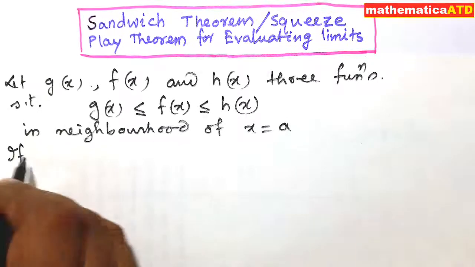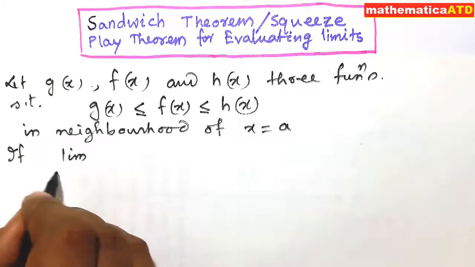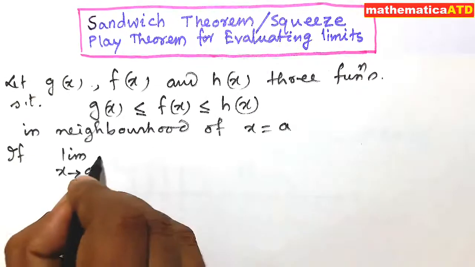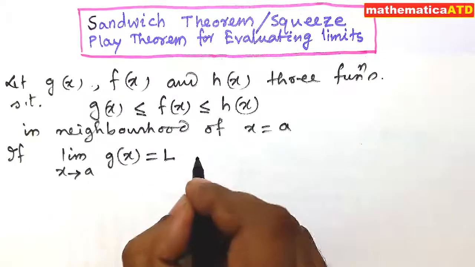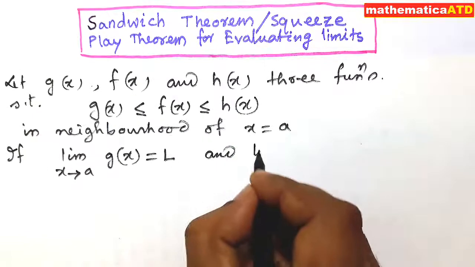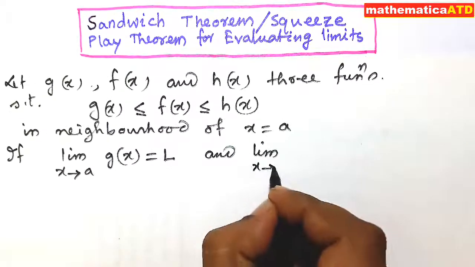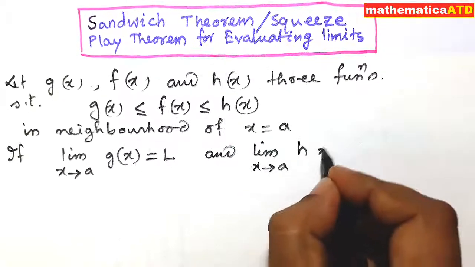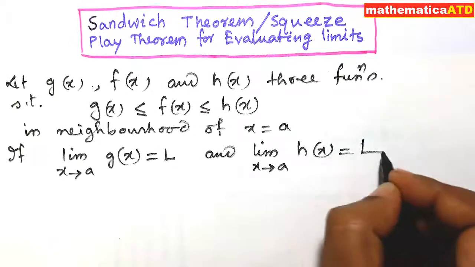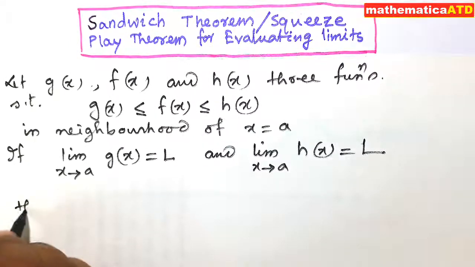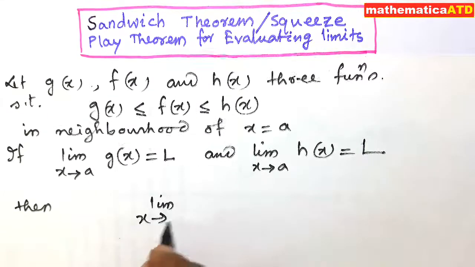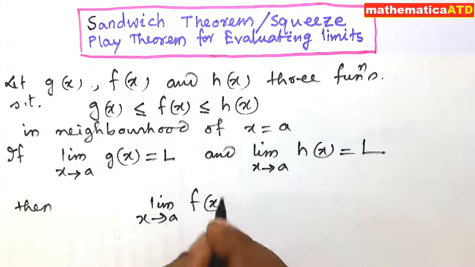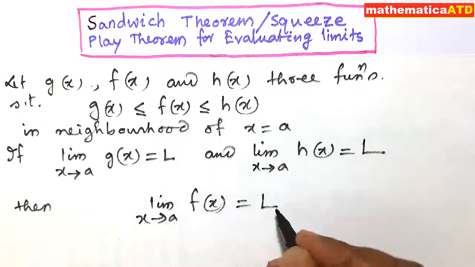If the limit as x tends to a of g(x) is equal to L and the limit as x tends to a of h(x) is equal to L, then the limit as x tends to a of f(x) is equal to L.